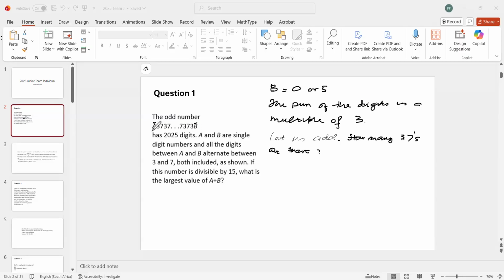Well, you have to ignore the first, the last, and that one to count all the 37s. So there are three things you ignore.